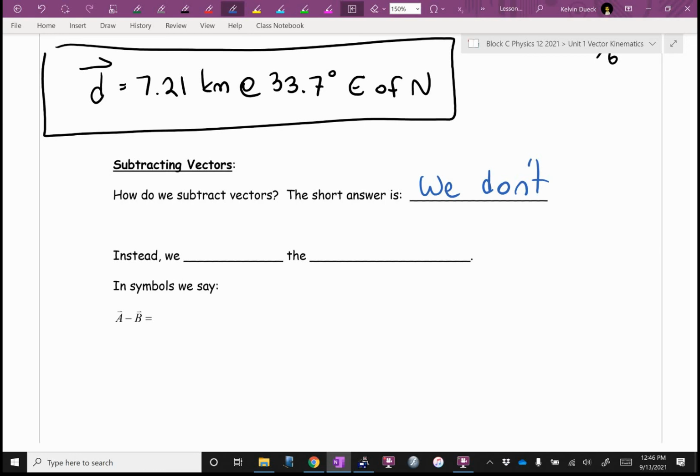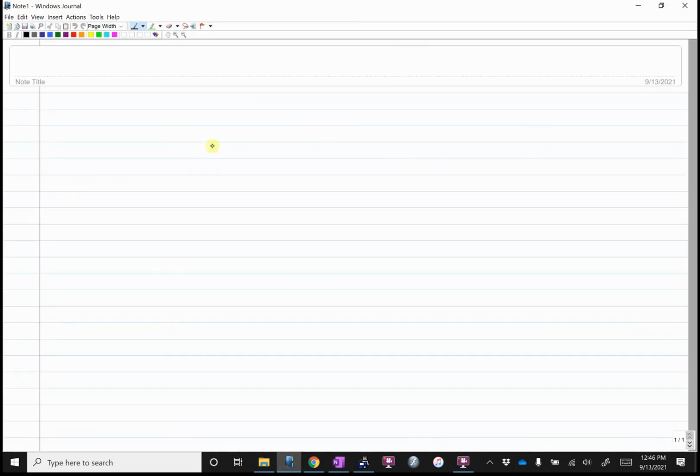You draw them tail to tail, and then the resultant goes from the tip of the longest vector to the tip of the shortest vector. But instead of memorizing an entirely new rule, we're going to be clever, because I'm going to argue that I can turn 5 take away 4 into an addition question. 5 minus 4 is the same as 5 plus what?